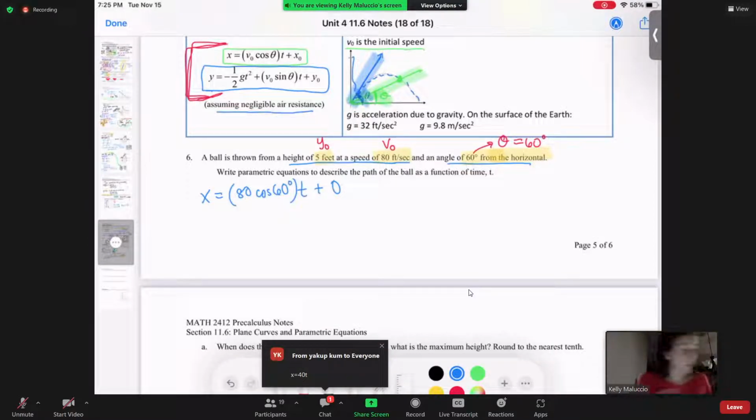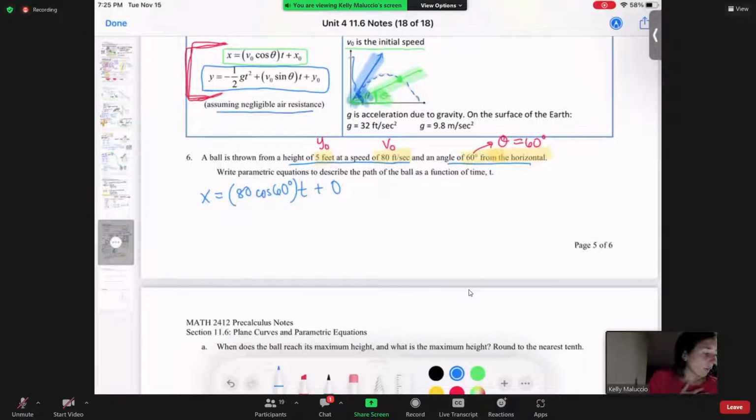We do know that cosine of 60 is 1/2, so I'll just write 1/2. So it's 40t. You don't need to write plus 0.